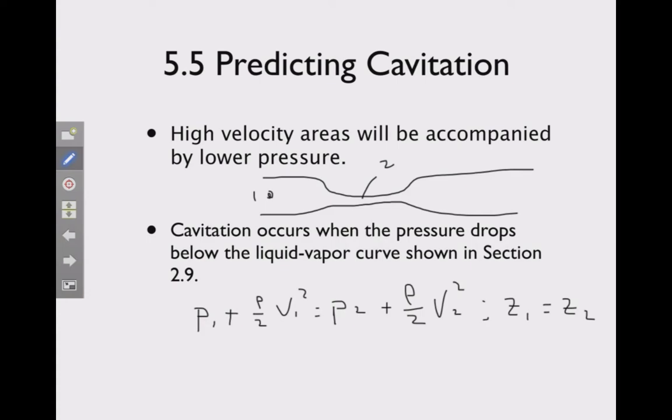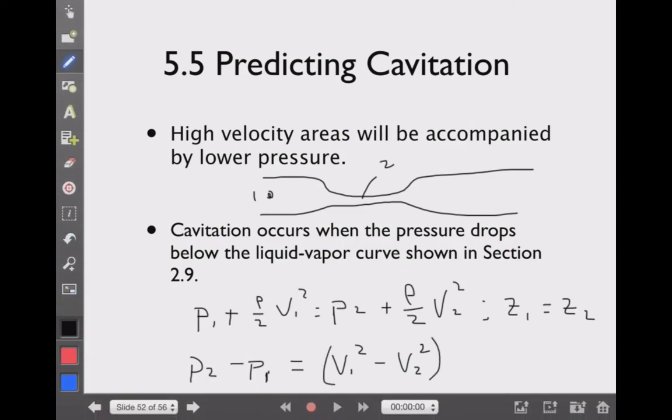And so what we can see is if we rearrange this equation, if we're interested in the pressure difference, then we end up with V1 squared minus V2 squared, multiplied by rho over 2.